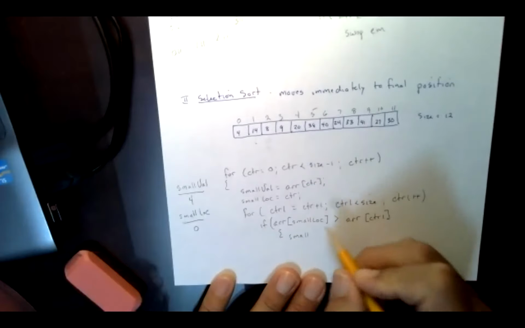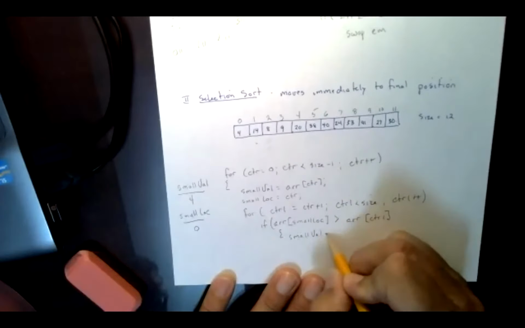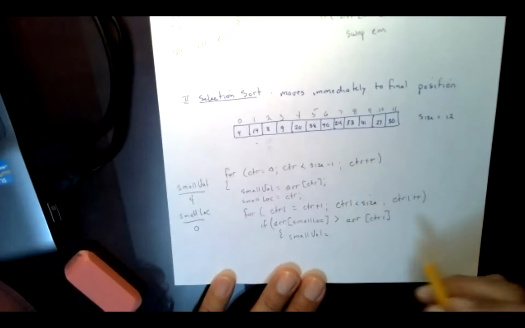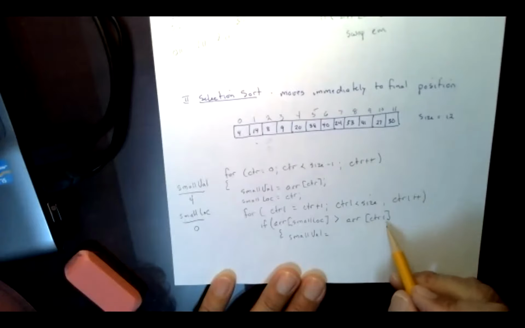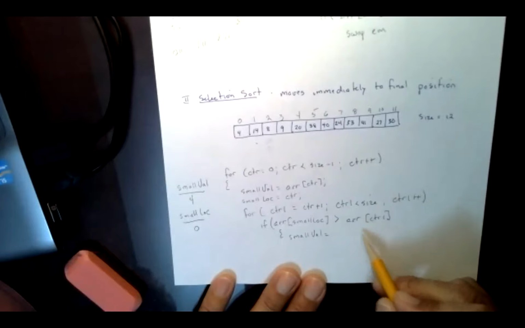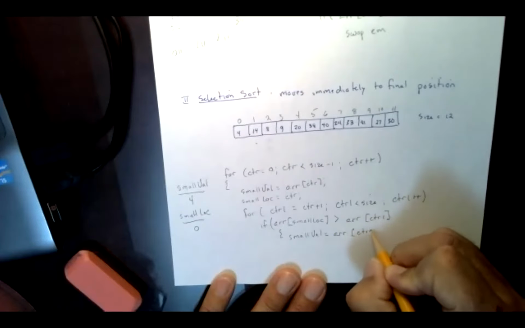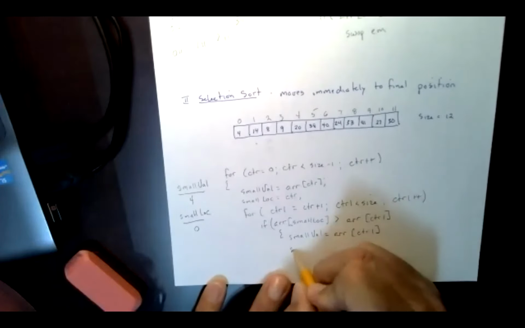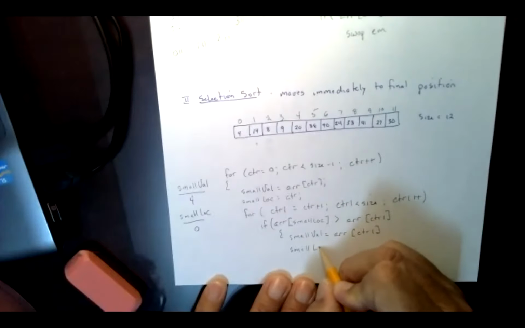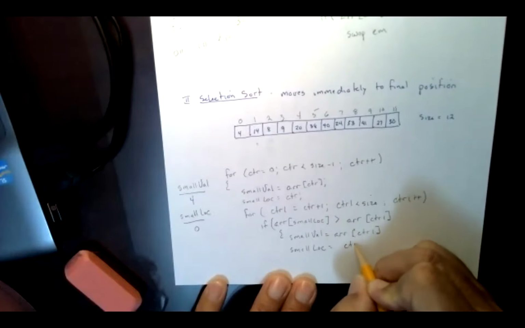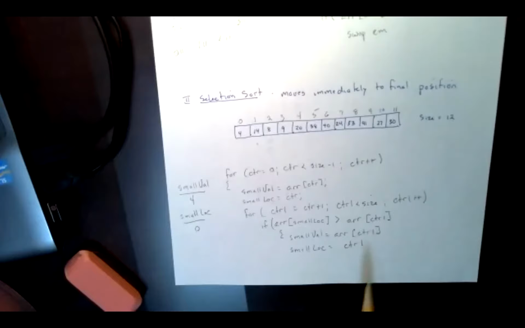change small value. Small value gets the value of what? Counter 1? Not yet, that would be the location. Array counter 1. Yeah, array counter 1. Small location equals counter 1, because that's where I'm currently at.